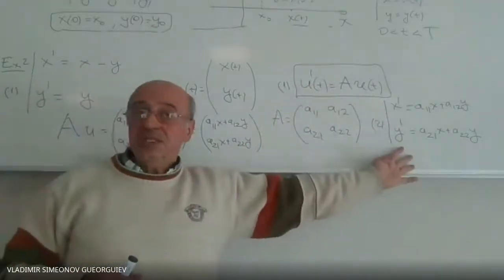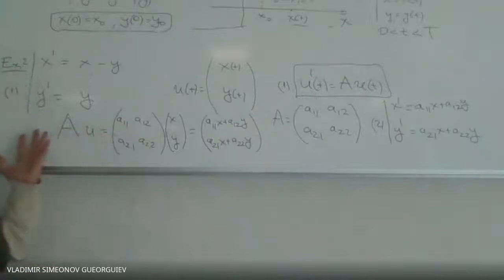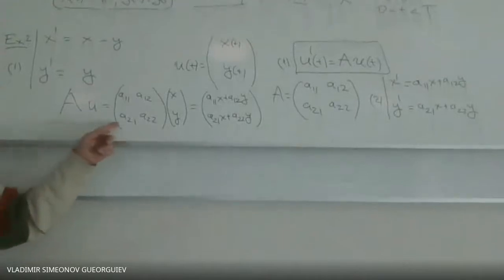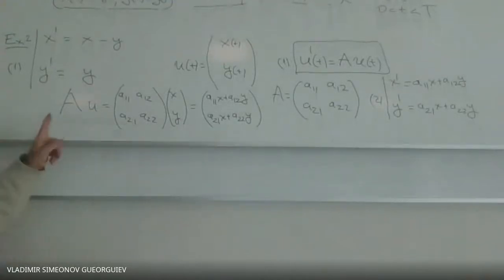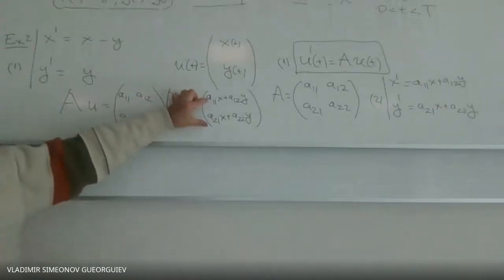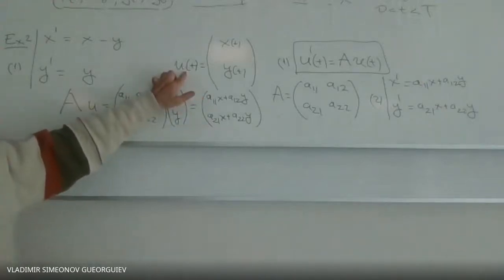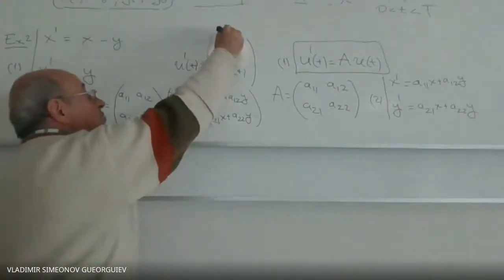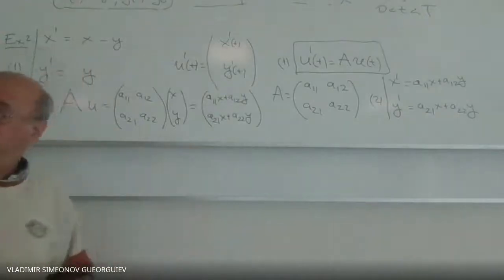This and this are the same due to the calculation that we did on the blackboard. We saw that A of u is a vector with two components, and for u prime I take the prime here.